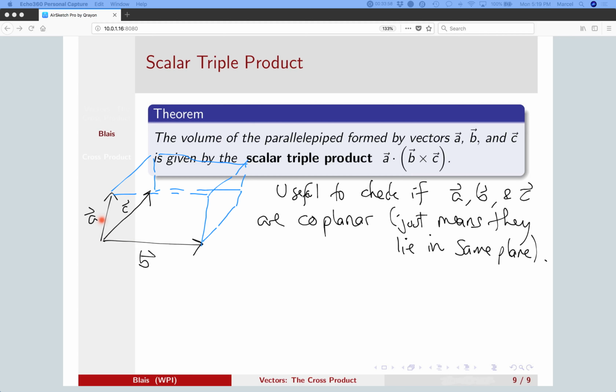So if A, B, and C all lie in the same plane, then think about this parallelepiped. It's a box with a height of 0, which means it would have 0 volume.